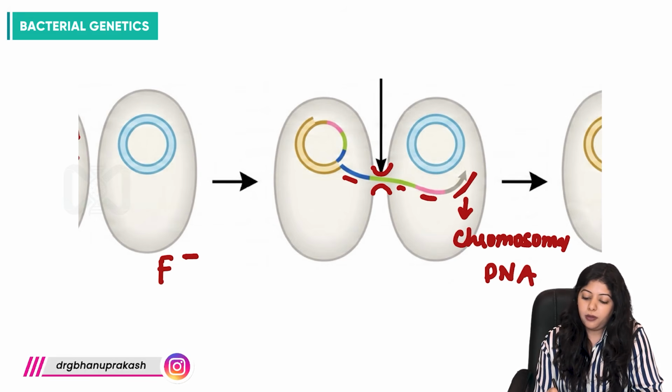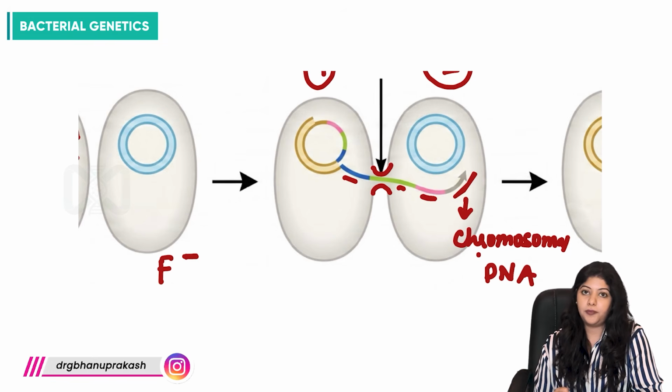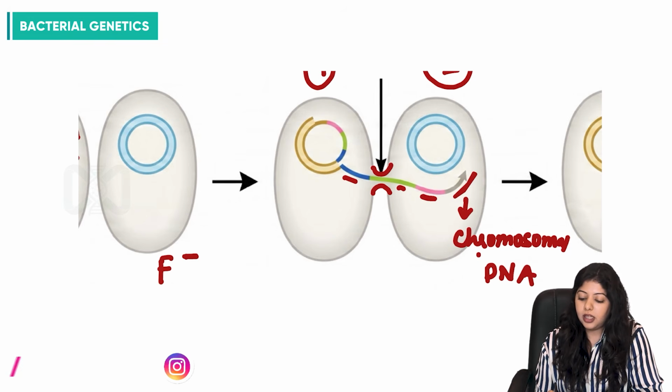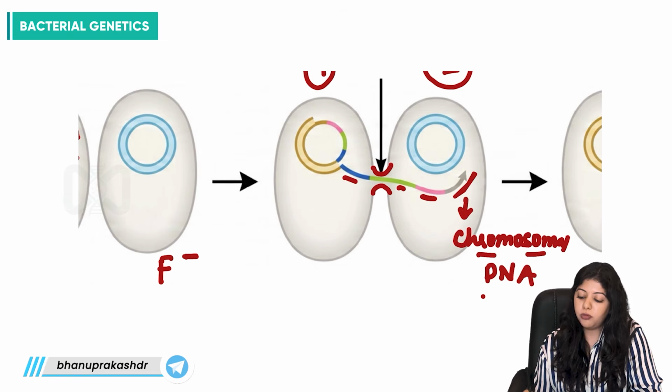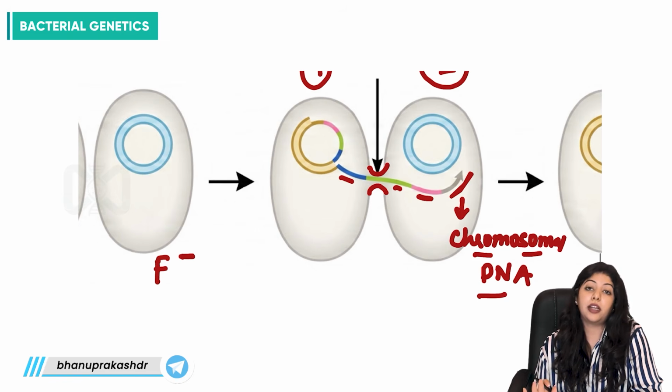So now from bacteria 1 to bacteria 2, there is some transfer occurring. Along with some portion of the plasmid, we have certain chromosomal DNA which is also getting transferred to the other bacteria, right?